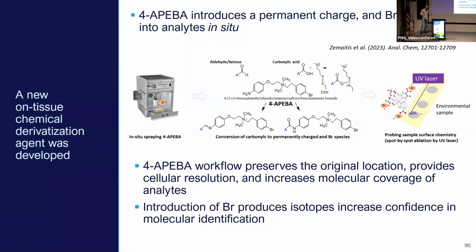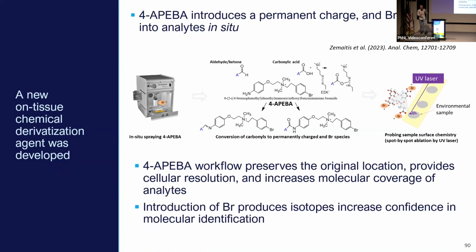Also, what is important in any imaging workflow is that we want to preserve the original location of molecules, because this is what is really, really important here.